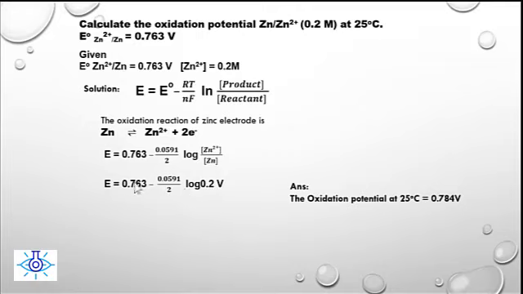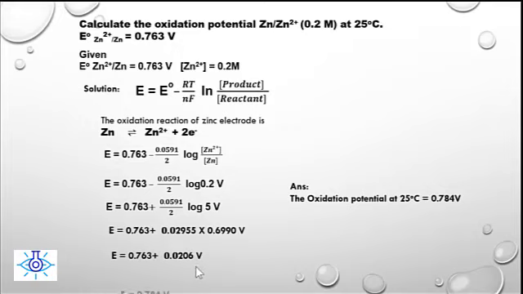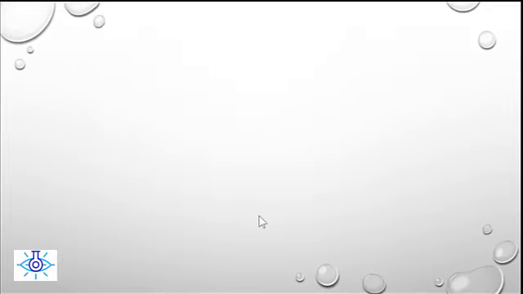So we get 0.763 minus 0.0591/2 log 0.2, or 0.763 plus 0.0591/2 log 5 volt, because 0.2 is 1 by 5. So it becomes log 1 minus log 5, and this minus and that minus become plus. Substituting the value of log 5, we get the final answer E = 0.784 volt. This is the oxidation potential of this electrode.